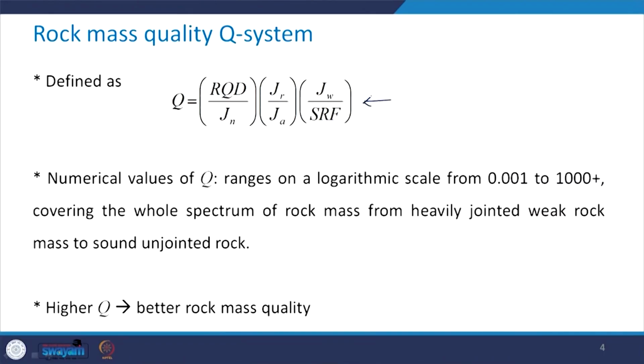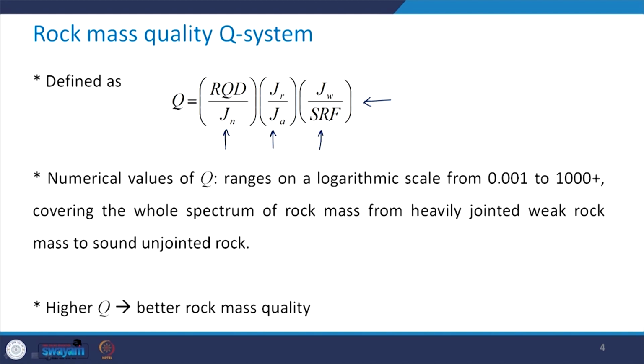This index Q is defined by this expression with the help of these 6 parameters. So, basically there are 3 quotients. The first one is RQD upon Jn, second one is Jr upon Ja, and the third one is Jw upon SRF.